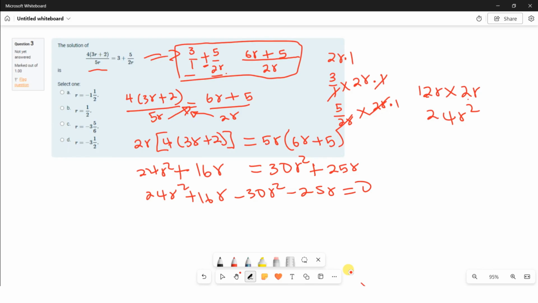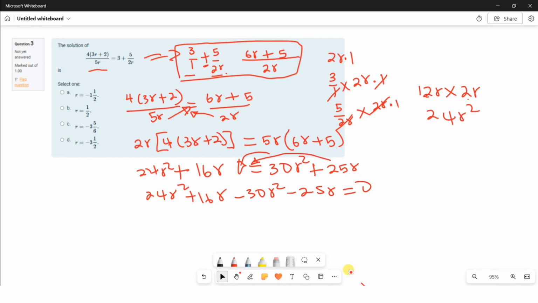This one is negative because we need to change the sign when a number jumps the equal sign. In this case this one went to this side, so the sign must change. And this one also went to that side, and the sign had to change to negative.